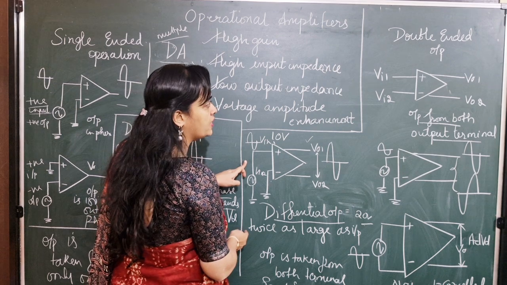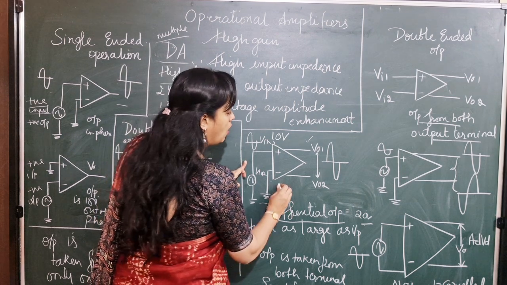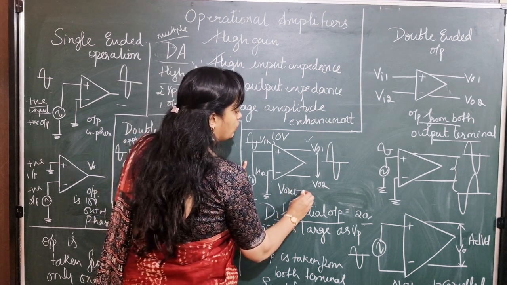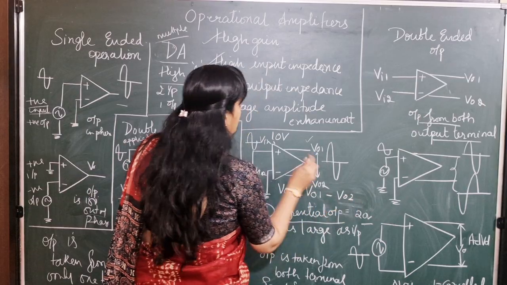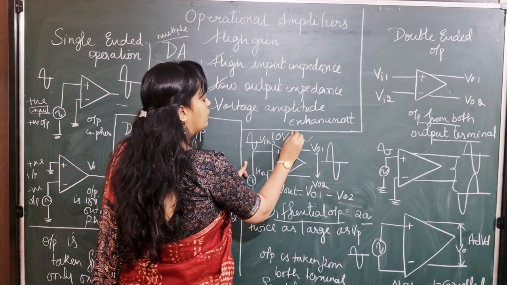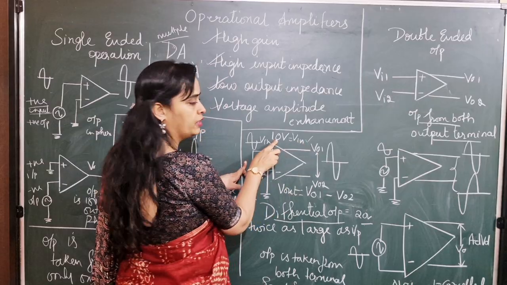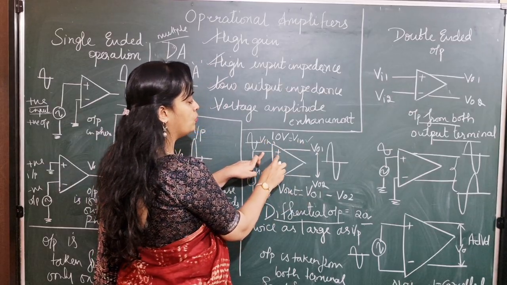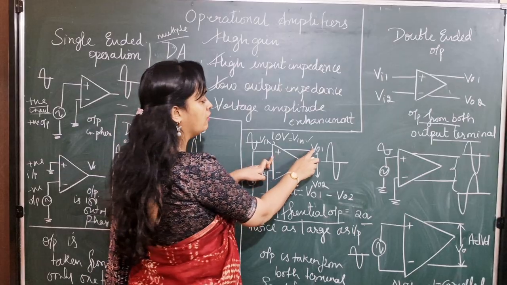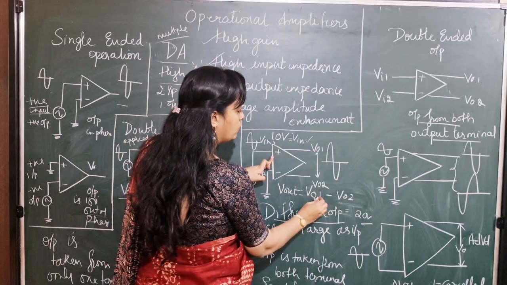The name itself says differential output, which means the output will be equal to the difference between the two outputs. Let's assume that Vin equals 10 volts. Since this input is to the non-inverting terminal, V01 will be equal to 10.